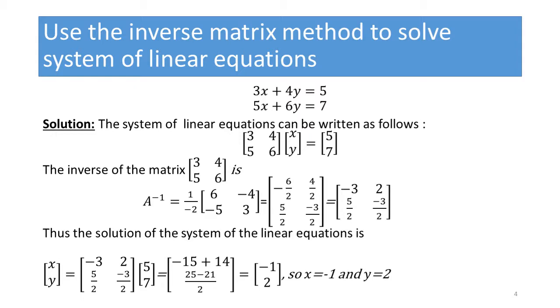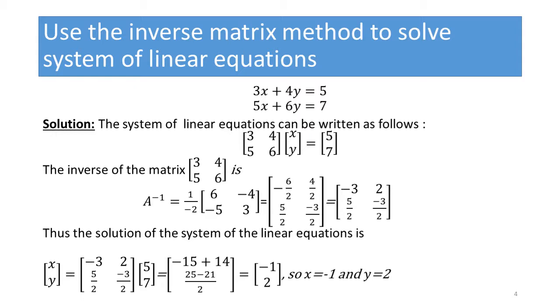Now we have to write this linear equation in the matrix form. First, we have to write the coefficient matrix. The coefficient matrix is: before x we have 3 and 5, we write it as the first column. Before y we have plus 4 and plus 6, so we take 4 and 6.